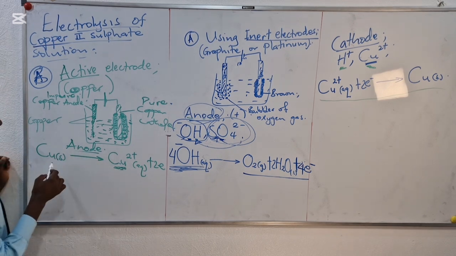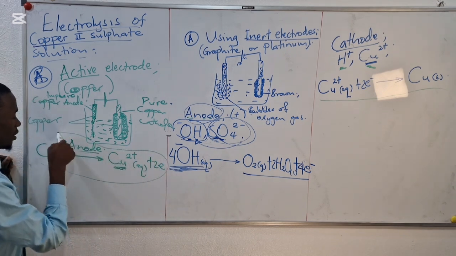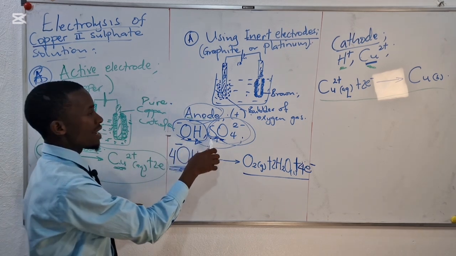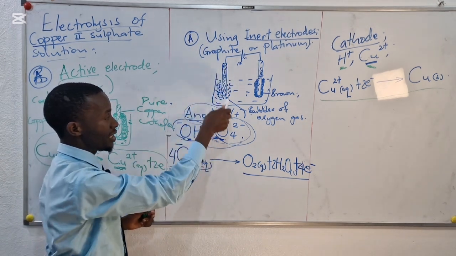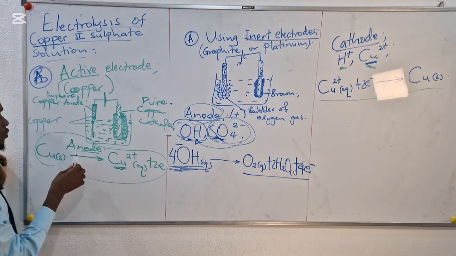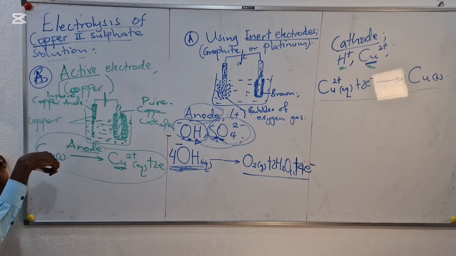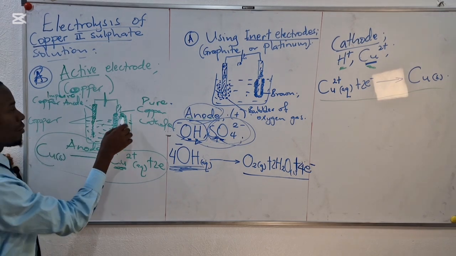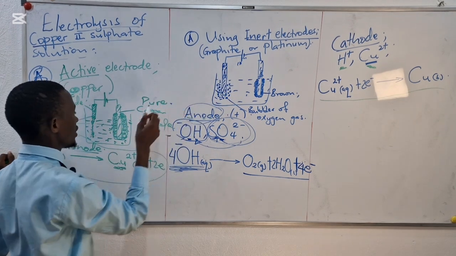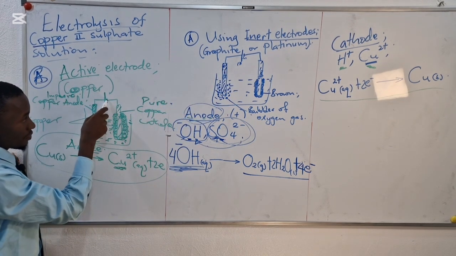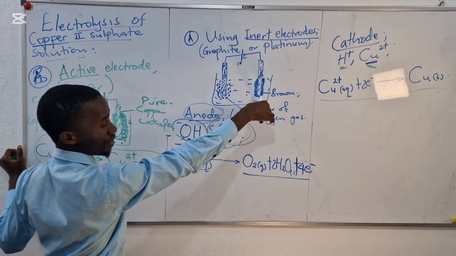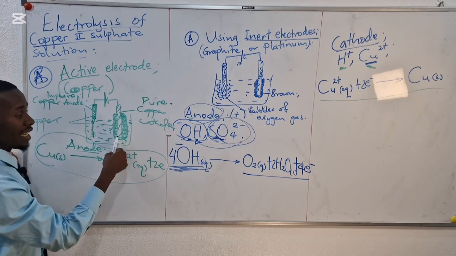So we are saying that the products formed at the anode when using an active electrode are different from when we are using an inert electrode. The behavior of the electrodes is still changing. Both when using active and inert electrodes, the size of the cathode increases. Even in this one, we are seeing that copper is depositing around it.